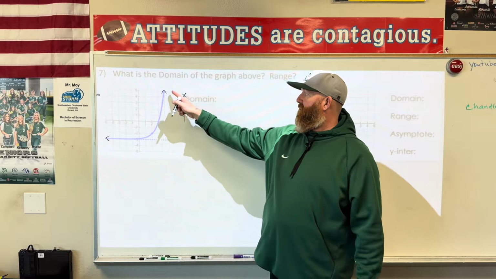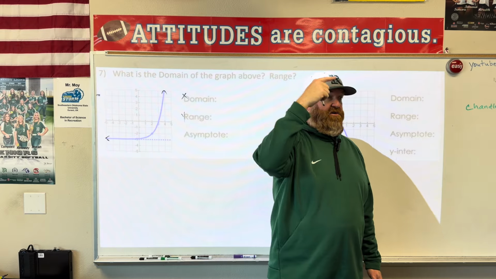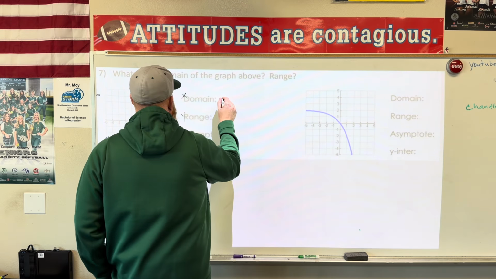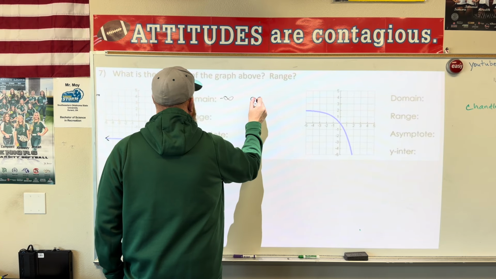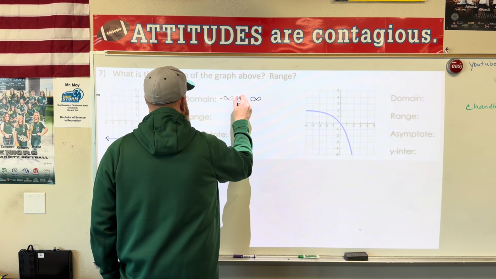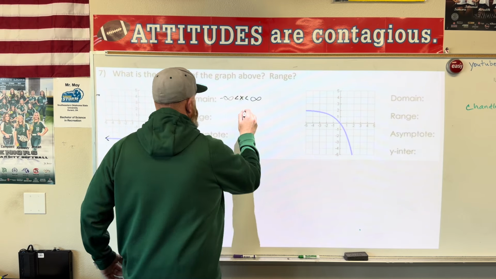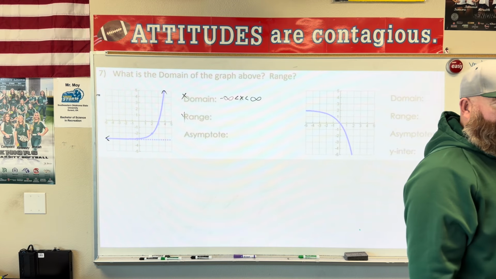Now, it goes up, but it's leaning that direction. It's still technically going to be going to the right also. So my domain is going to be negative infinity and what? Positive infinity. What letter is domain? X. So I'm going to put an X in the middle, and I'm just going to do my little arrows. You remember those? Domain and range.